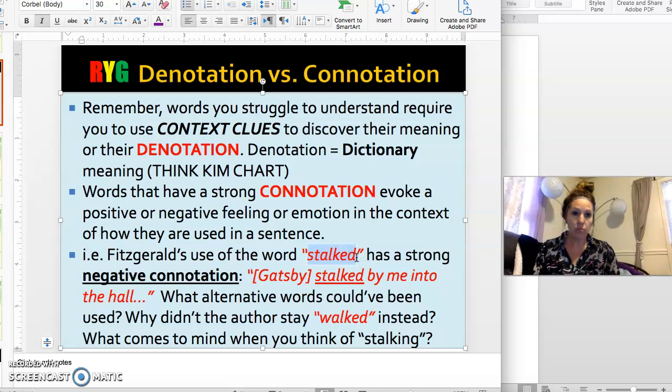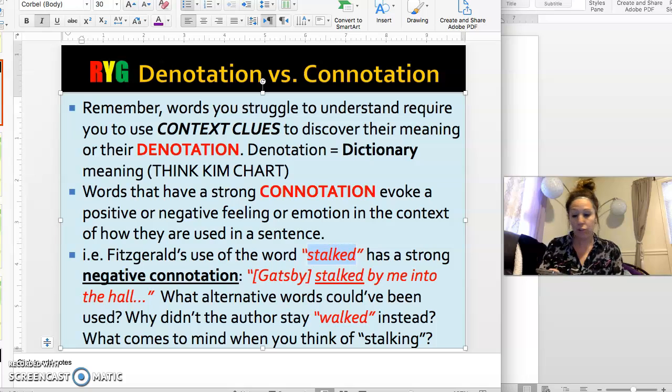Now, most of you know the meaning. You know the denotation of the word stalked, but I am going to pull it up in the dictionary on my phone. And I'm going to read its denotation. Okay, so let me pause.